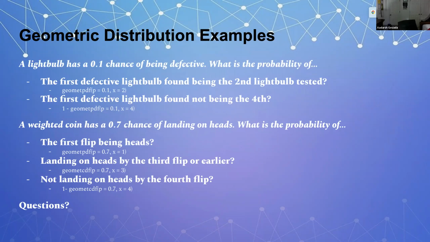Then instead of hitting A or B for PDF or CDF, you hit E for geometPDF, and F for geometCDF.